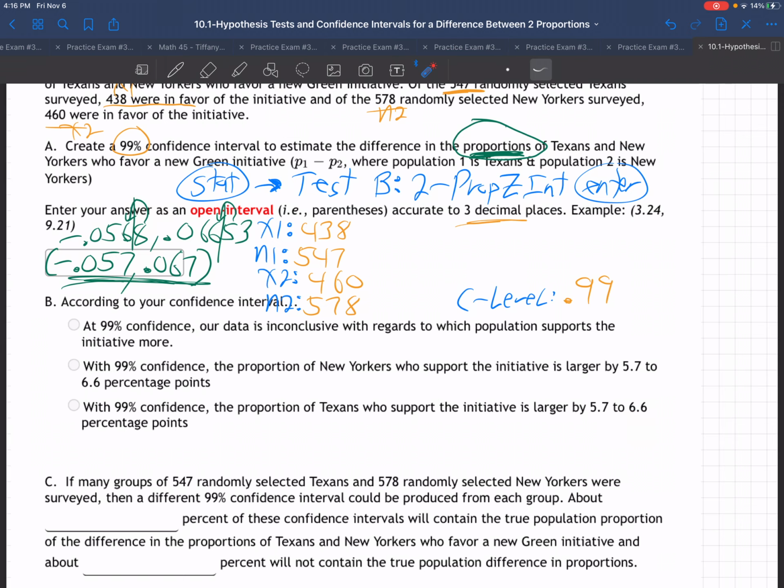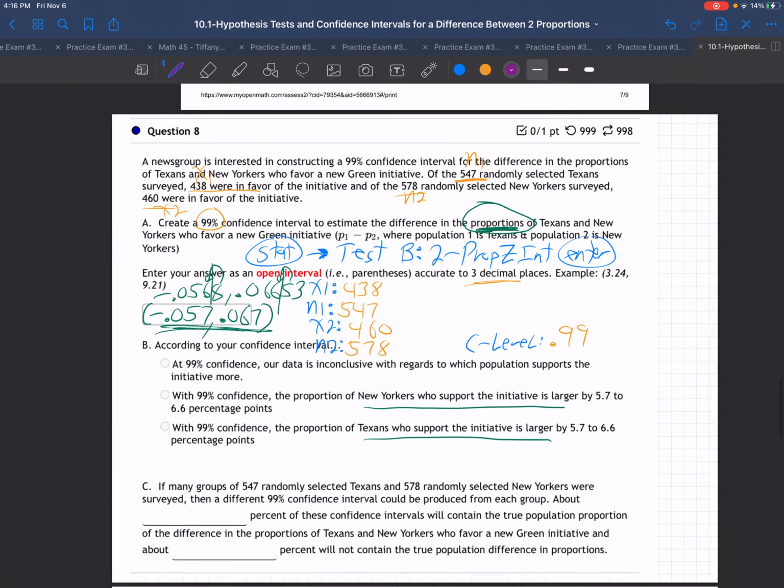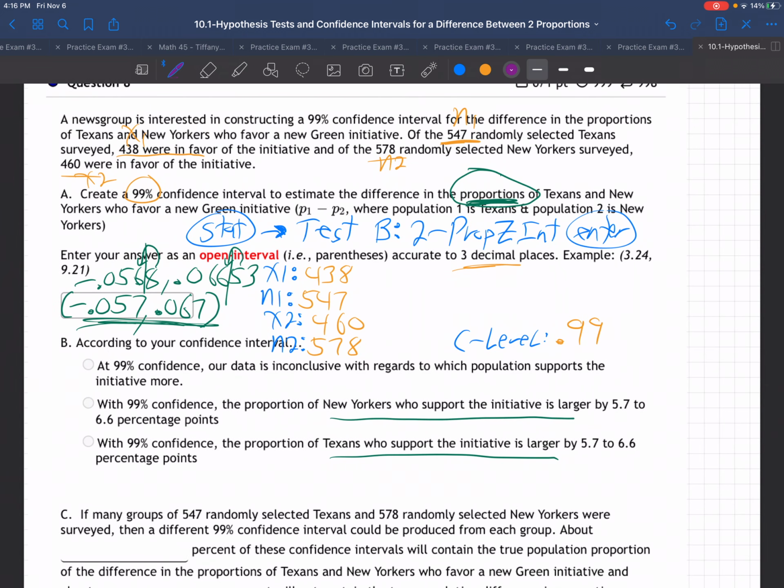But anyway, which one is larger, the New Yorkers or the Texans? How do you know who's larger? Well, you've got to look at what we just did with this confidence interval. Who came first? Population 1 is the Texans.